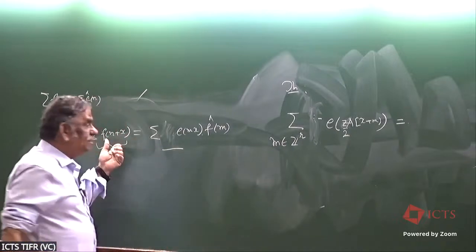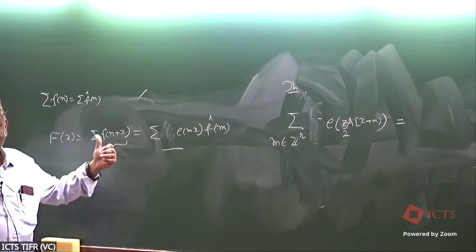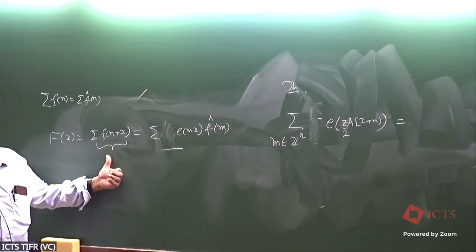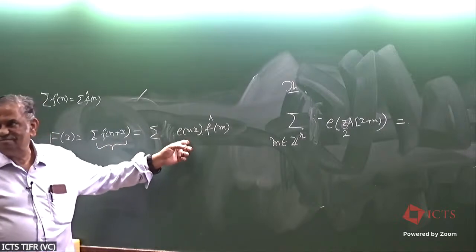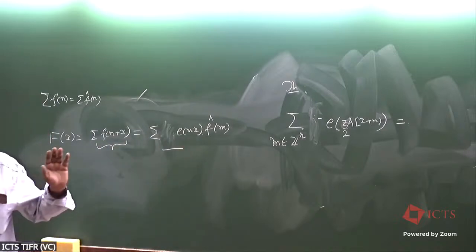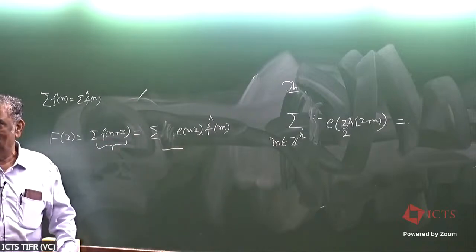I need a formula in terms of n + x, not just n. I am not having f of n, I have f of n + x, and therefore I need a formula. But that will give only an extra E of mx in the formula, nothing more than that.